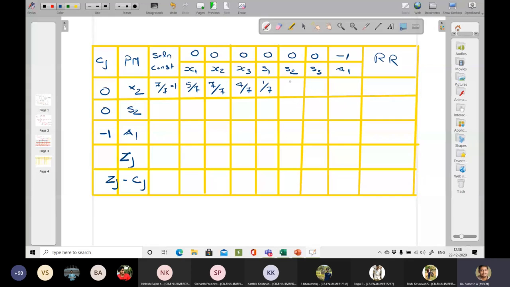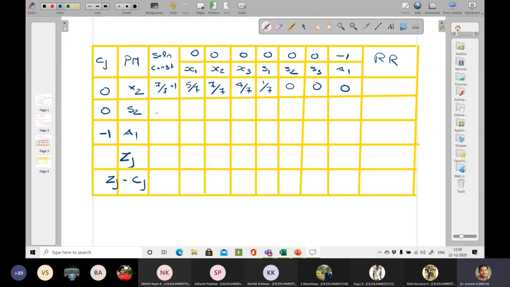S2 is 0 by 7. S3 is also 0 by 7. And A1 is also 0 by 7. I will write only the values over here.